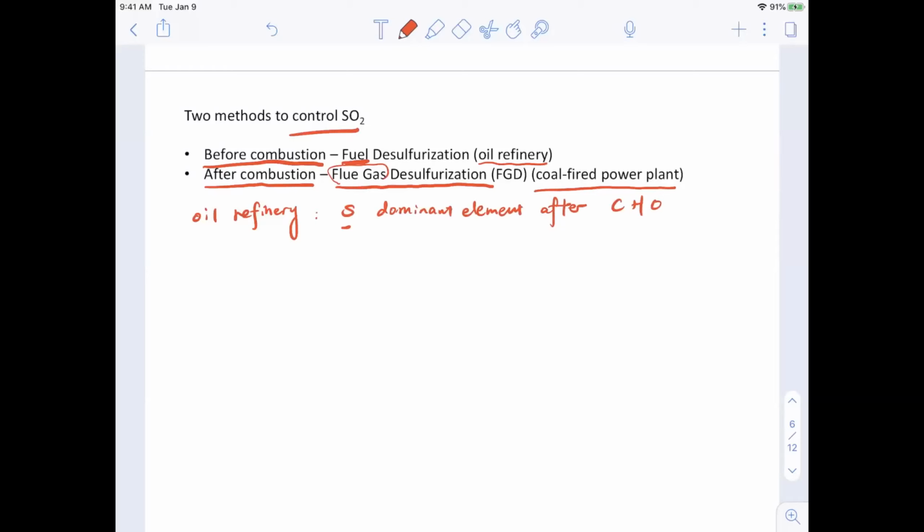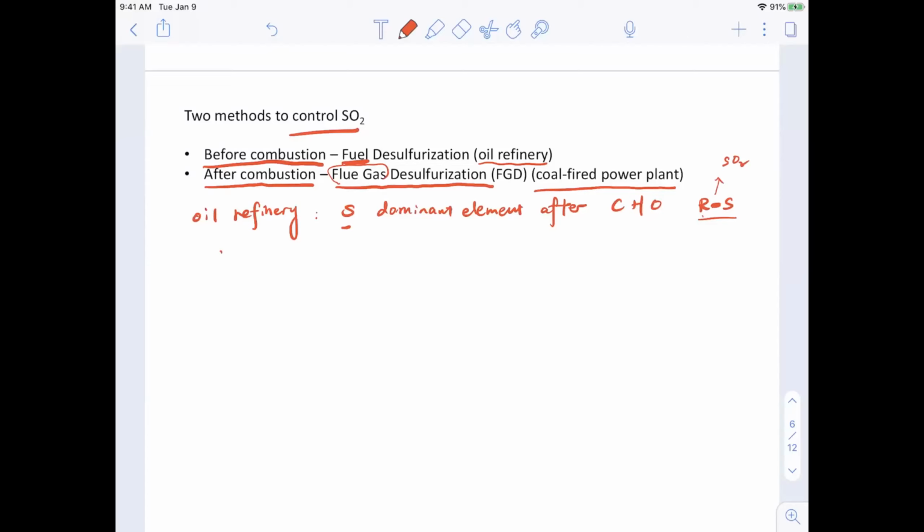Typically, this sulfur exists as a structure of R, an organic component that has a single bond with the sulfur, right? So whenever we burn this oil, the sulfur will get released as sulfur dioxide and then released to the atmosphere.